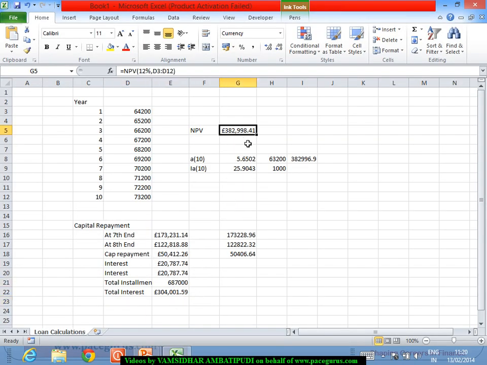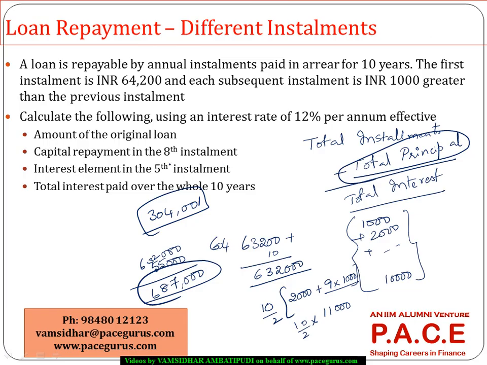Out of that I remove the total principal payment during this period to arrive at the total interest to be paid during this period. So we have to be more and more comfortable with the various variations that could exist in loan repayment.